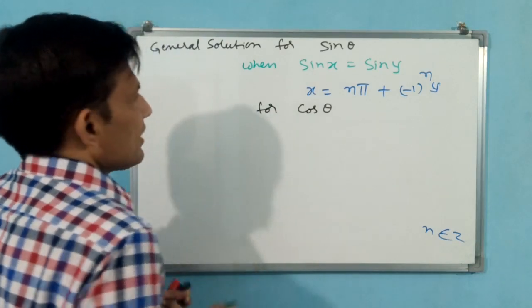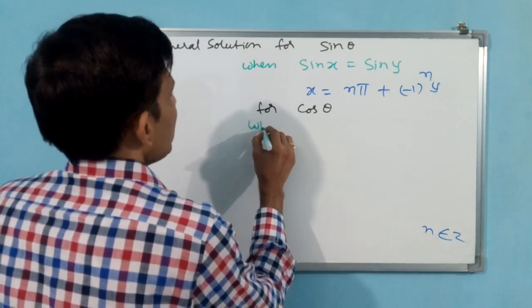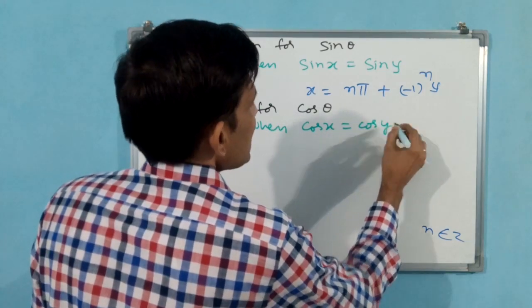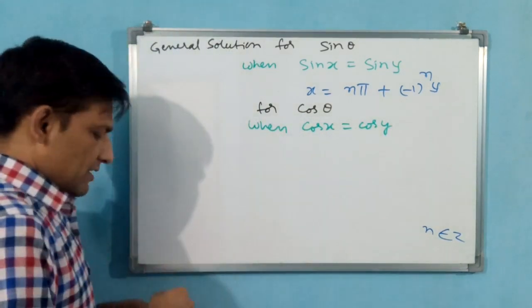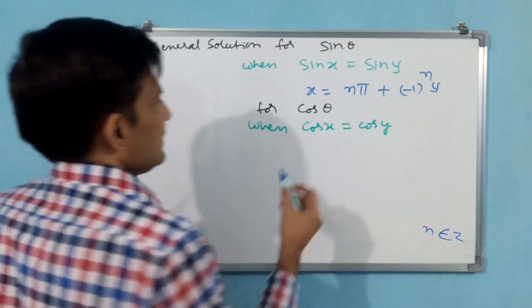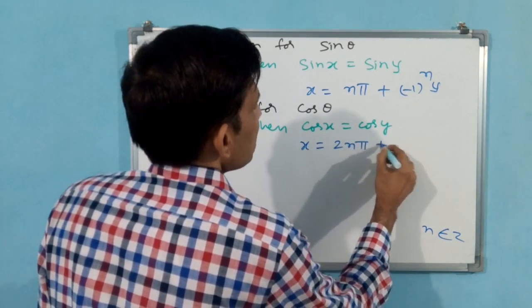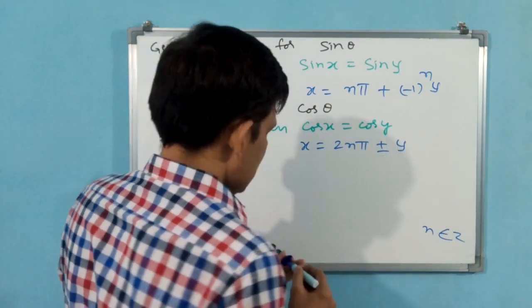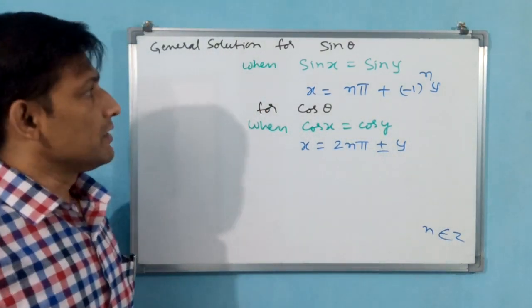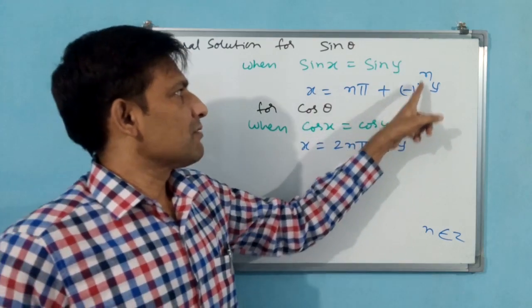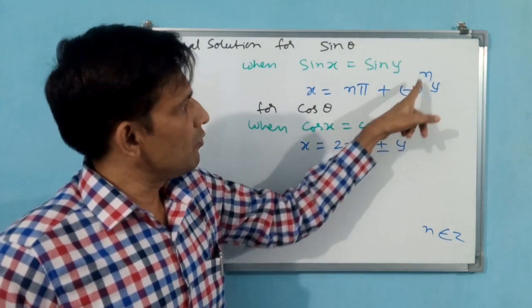Cos theta also, you see, when cos x is equal to cos y, x is equal to 2n pi plus or minus y. Observe carefully, difference. Sin: n pi plus minus 1 whole power n y.